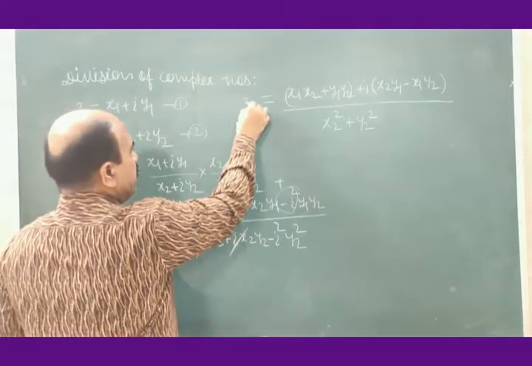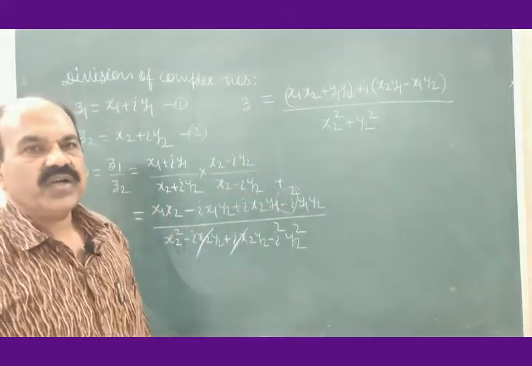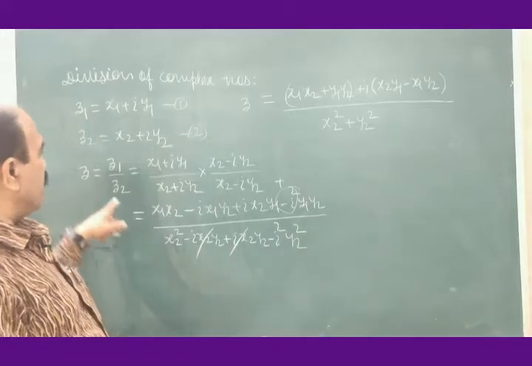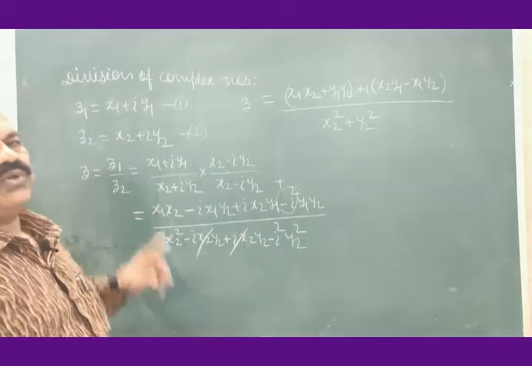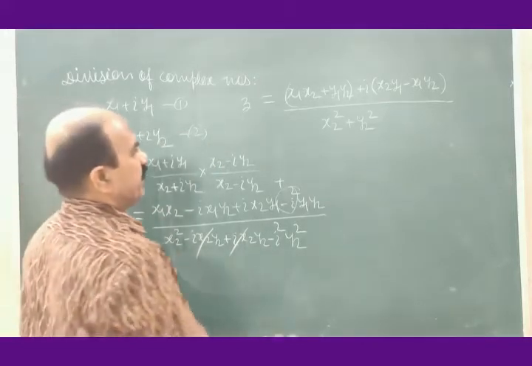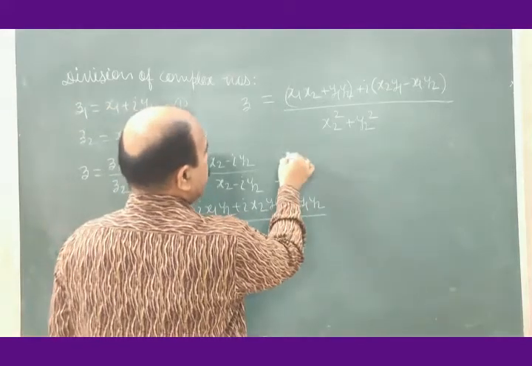It means that Z is a complex number which is the quotient or division of these two complex numbers. You may split this.